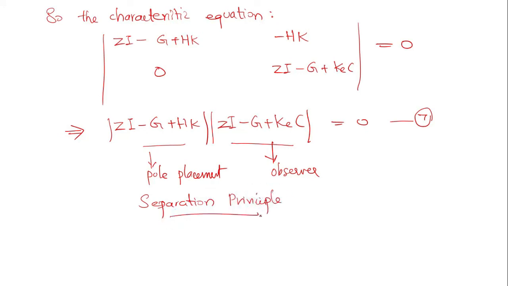The separation principle tells you that you can design the pole placement part, wherein you are designing the K matrix, and you can design the observer part, wherein you are designing the Ke matrix, separately, and then just combine the two systems together to form a single system where you have pole placement by state feedback, and when you have states that are not observable, you can use a separate state observer. So these two designs are completely separate, and this is what the separation principle tells you.